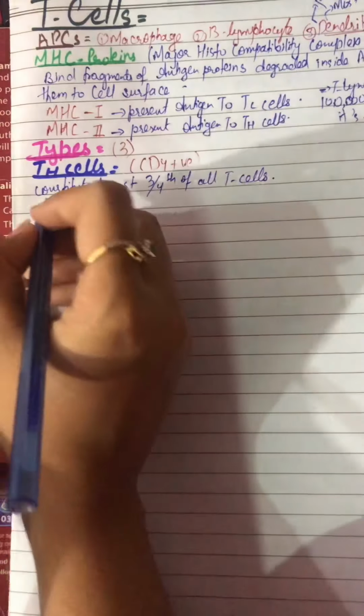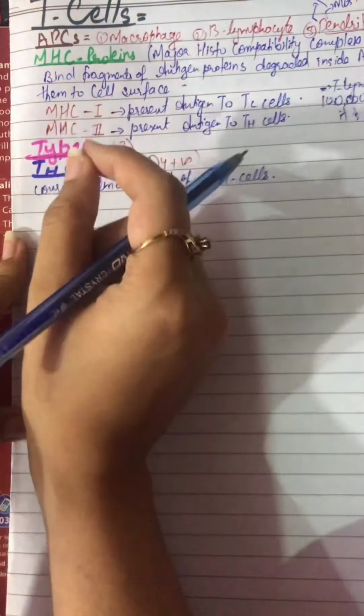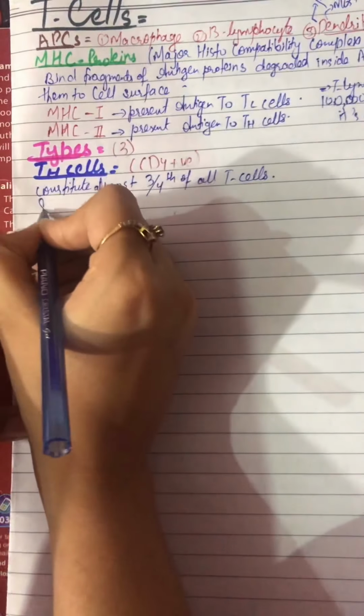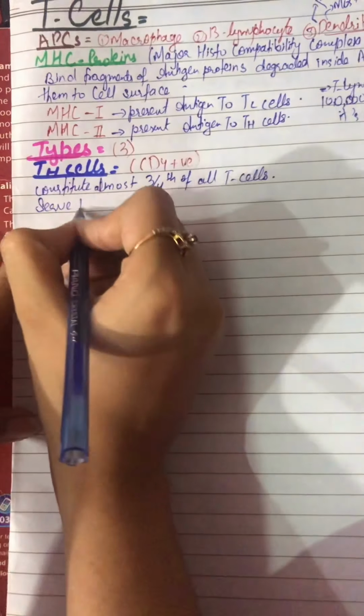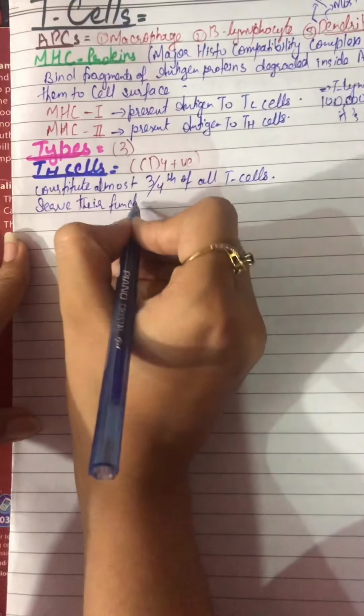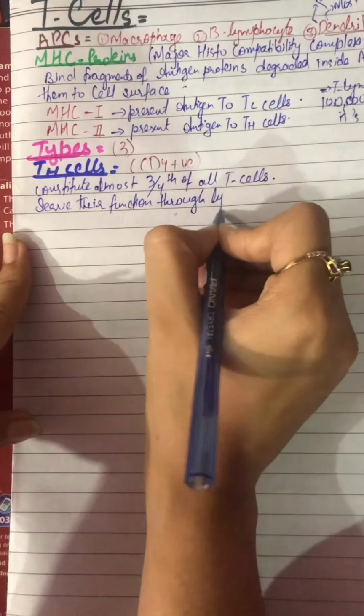Then they perform their functions in many ways, and the most effective way is production of the lymphokines. So they serve their function through lymphokines. Now what are lymphokines?